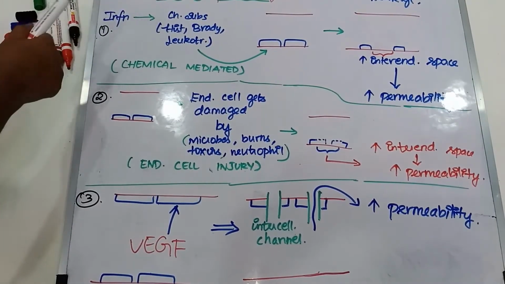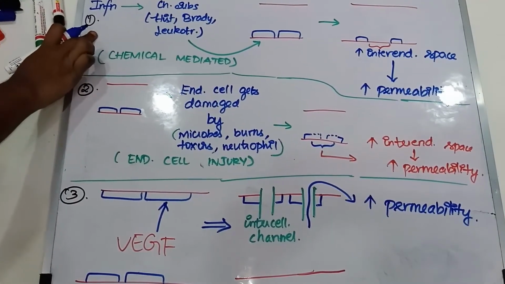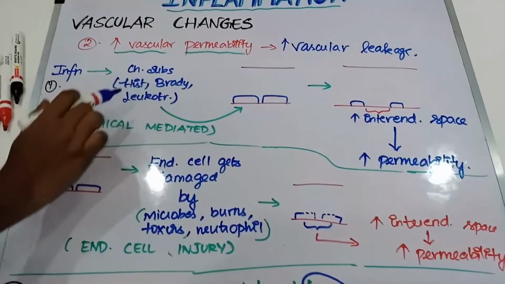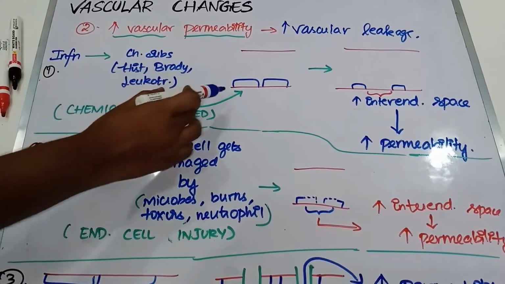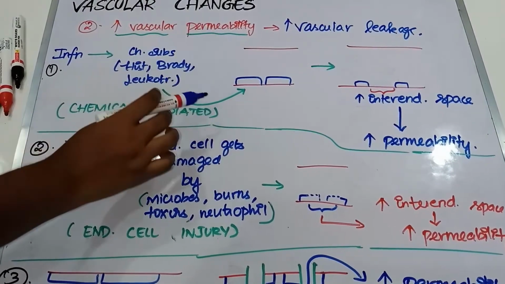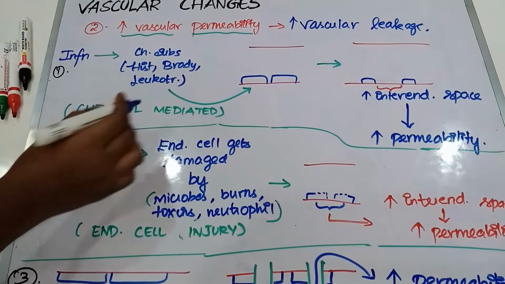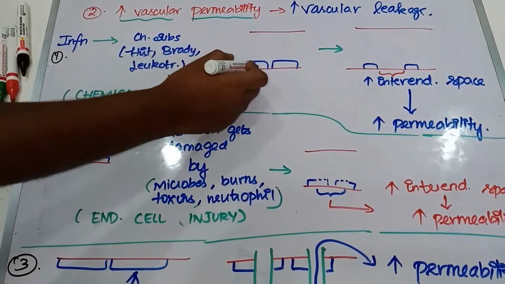So how does the increased vascular permeability occur, we'll see. In response to infection, certain chemical substances such as histamine, bradykinin, and leukotrienes are released. These substances act on the endothelial cells lining the blood vessel wall. If they act on the endothelial cells, it causes contraction of the endothelial cells.